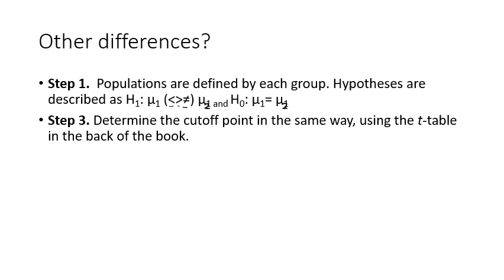Then another difference is in step 3. We've already gone through the difference in step 2. So in step 3, we're going to determine the cutoff point just the same, using the t-table in the back of the book, but it is much more recommended to use our t-score calculator, our online tool.